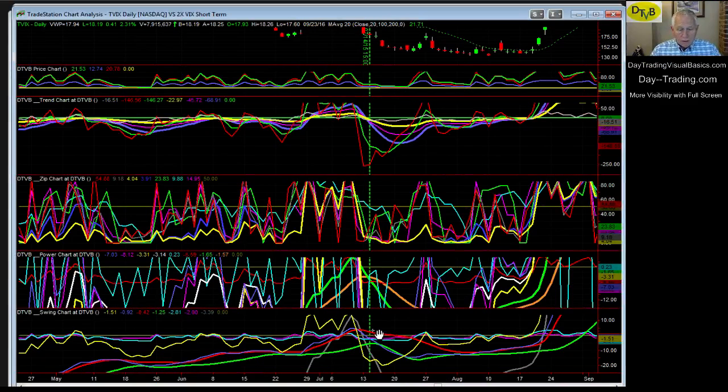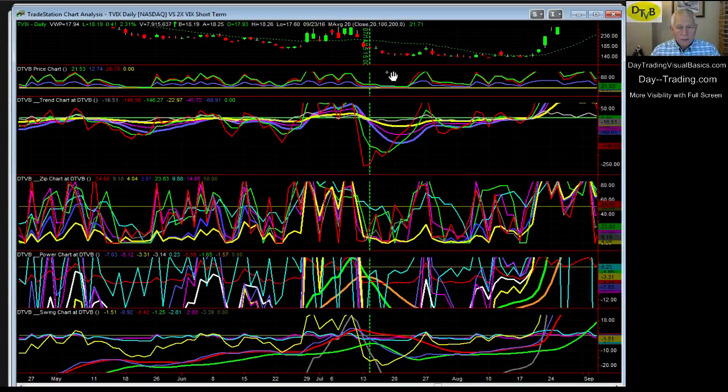Swing gray, if you go down here into the bottom chart, looks like about 4 days ago was on a peak, and that was probably the peak of the downtrend, because 3 days from this green line was the peak of the whole recent area.